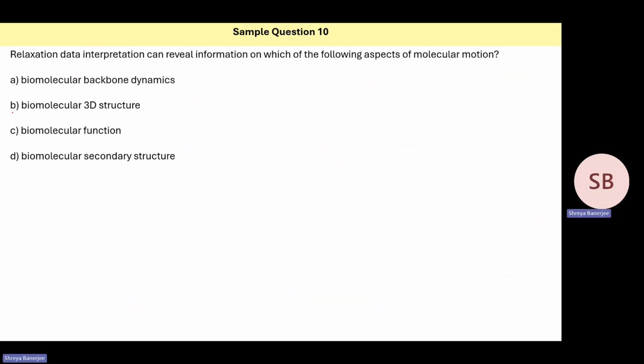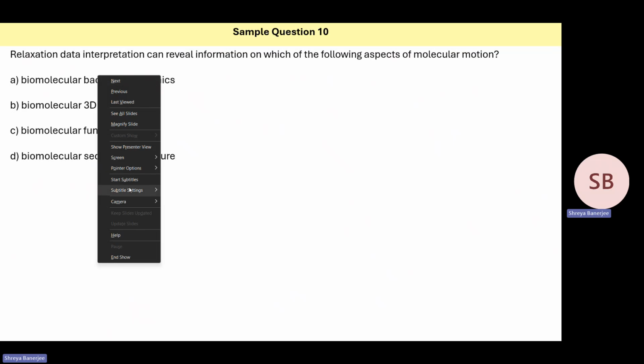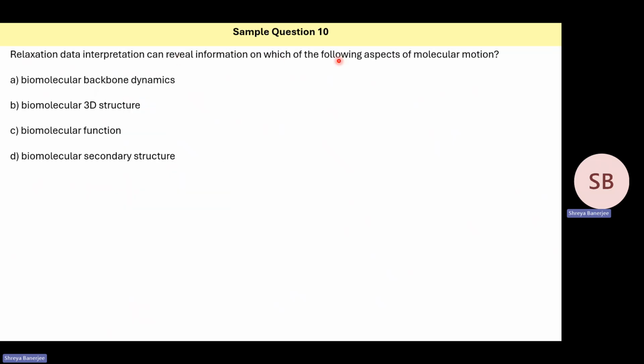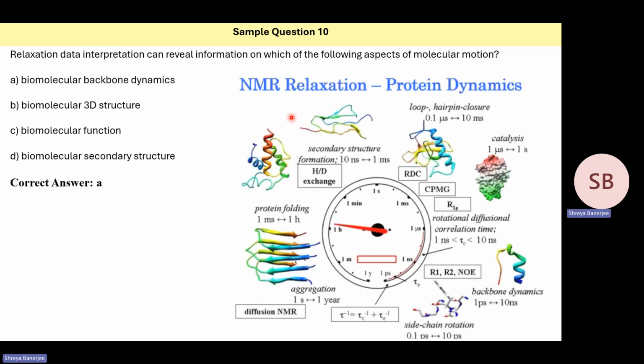The next question is asking, relaxation data interpretation can reveal information on which of the following aspects of molecular motion. You can just remember that the relaxation information gives an idea about protein dynamics. And this can be of different time scales.